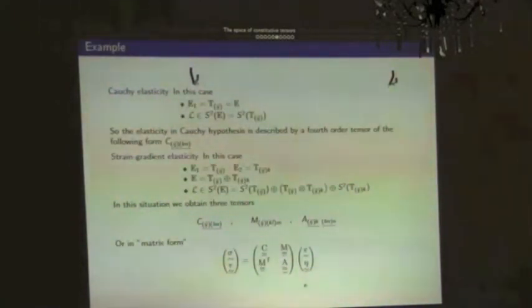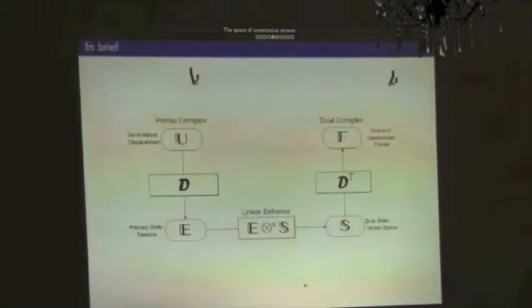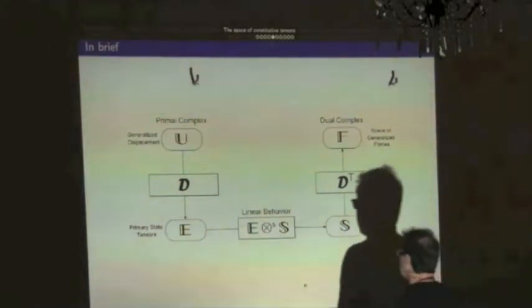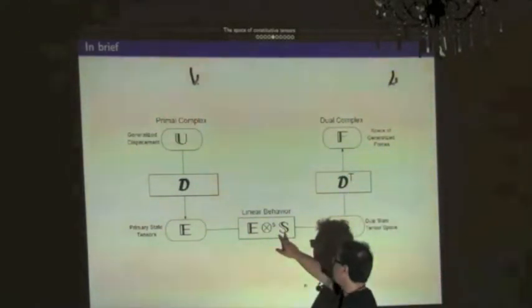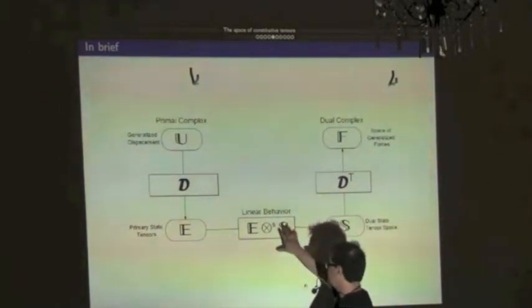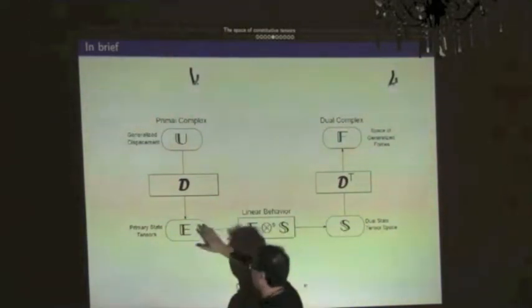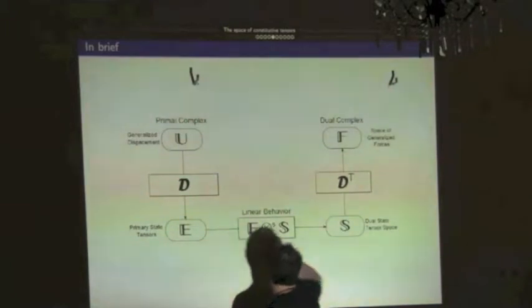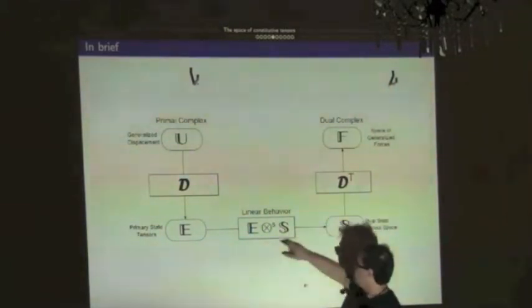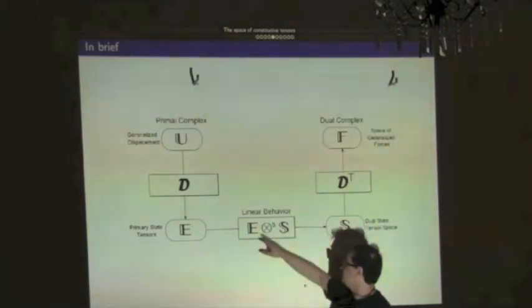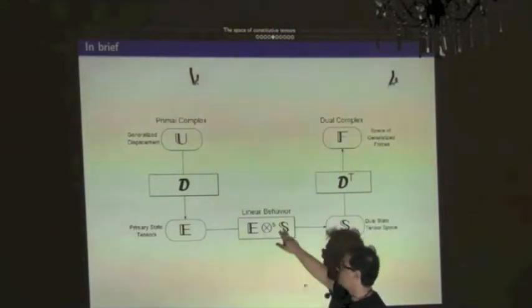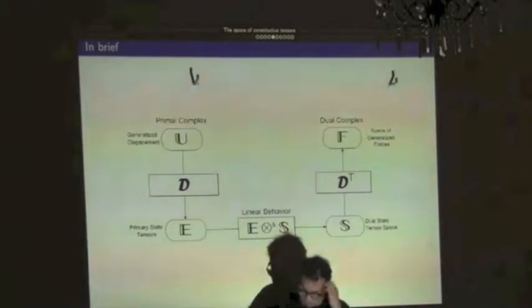If I'm in elasticity, this is how you construct your constitutive tensor space. As you want to go from the primary to the dual, your tensor space will be constructed as the symmetric tensor product of the two spaces you use for your theory.